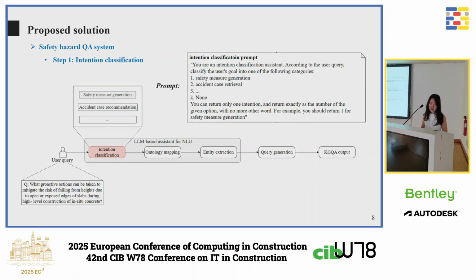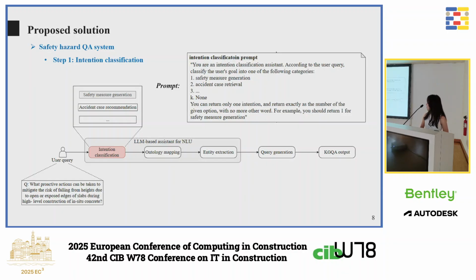In our system, the core module is a natural language understanding module, which is responsible for translating the text to Cypher. Step 1 in this module is intention classification, where we classify the intention into different types for triggering different functions.